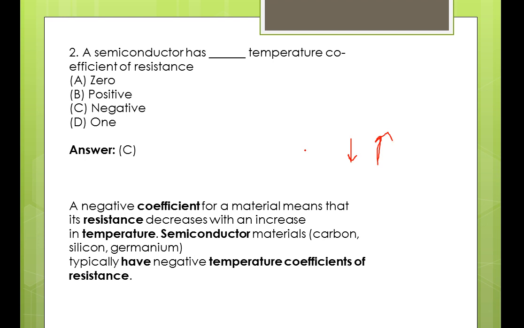That's why semiconductors have a negative temperature coefficient. Semiconductor materials like carbon, silicon and germanium typically have a negative temperature coefficient of resistance, whereas metals have a positive temperature coefficient, which means the resistance increases with increase in temperature.